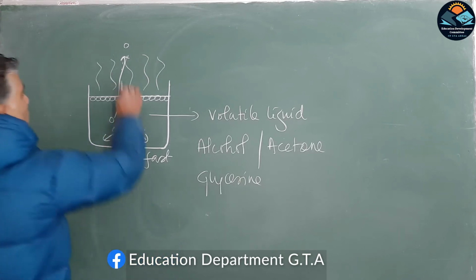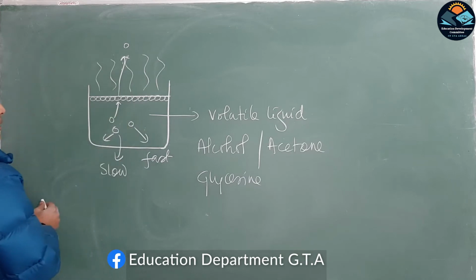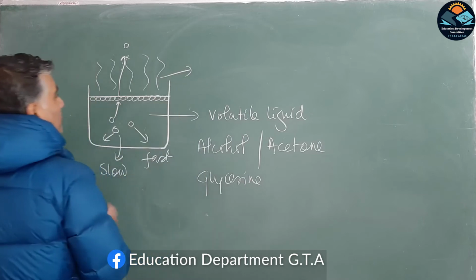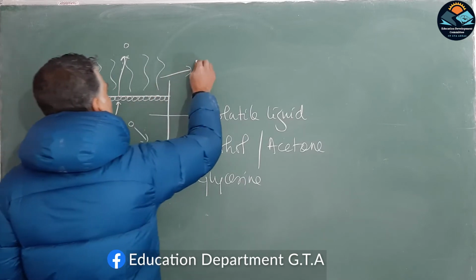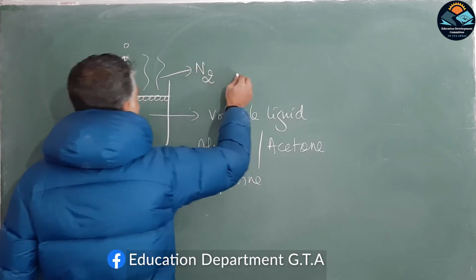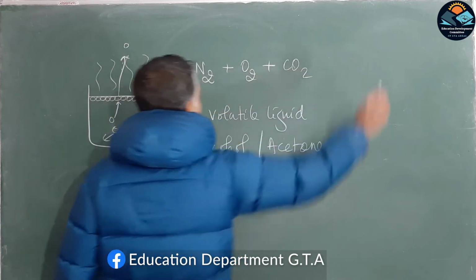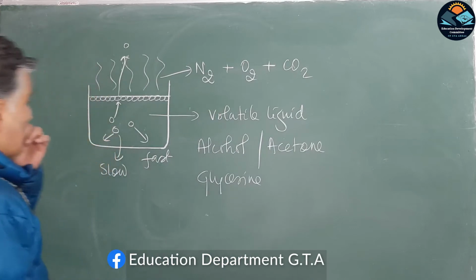And just above the surface of this liquid, because it is kept in open air, you've got other gases also. There's air here. Air has components such as nitrogen. Air also contains oxygen and lots of other gases like carbon dioxide and inert gases and even water vapor.